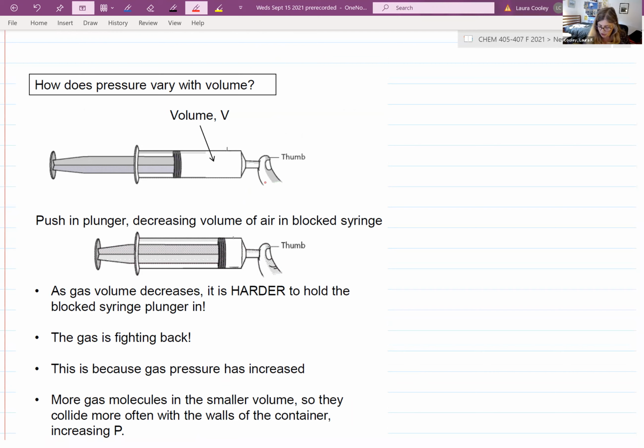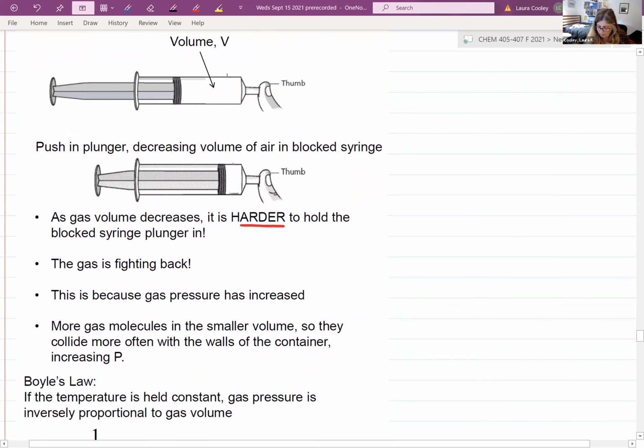And then you start pushing it in, decreasing the volume of the air, and it becomes much harder to push. I would say the gas is fighting back. It's because you've got this greater concentration of gas molecules and they're colliding with the walls more often. We're going to look at how pressure depends on collisions, I think in class starting next time. And so the gas pressure has increased.